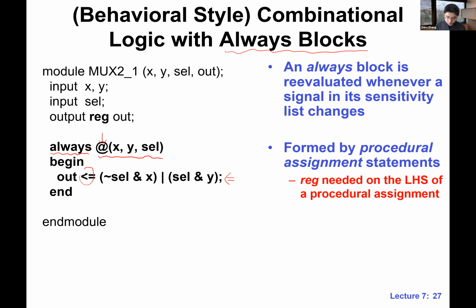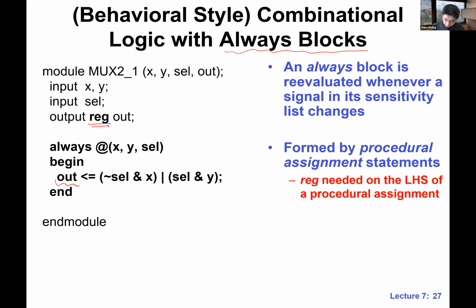Before that, here's the important thing. For anything that we write in the always block, like this, like out, we need to use reg. We need to add another keyword to specify the signal. Reg is a shorthand for register, but like I mentioned earlier, reg may not be translated by the CAD tool as a register, depending on how you actually use it.